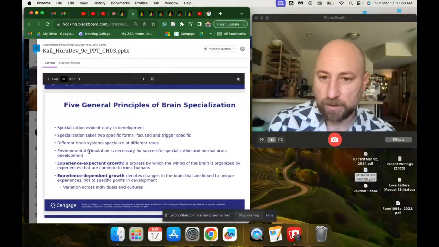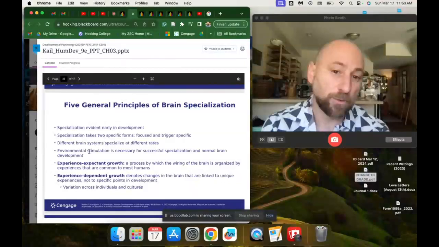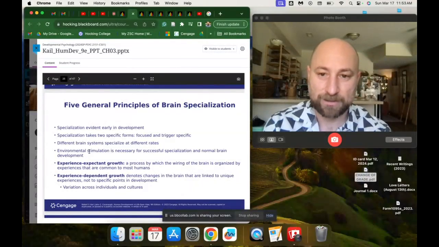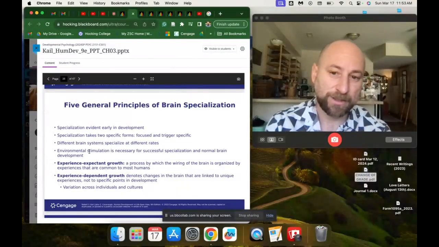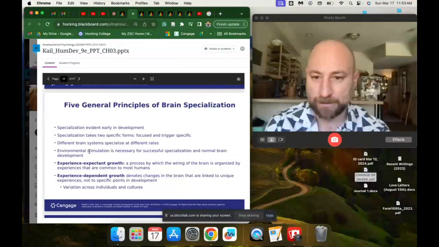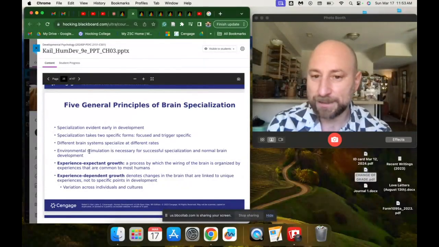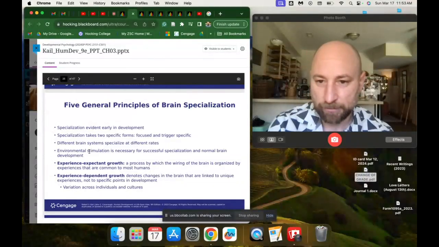Experience-expectant growth is a process by which the wiring of the brain is organized by experiences that are common to most humans. Experience-dependent growth refers to changes in the brain that are linked to unique experiences, not specific points in development.